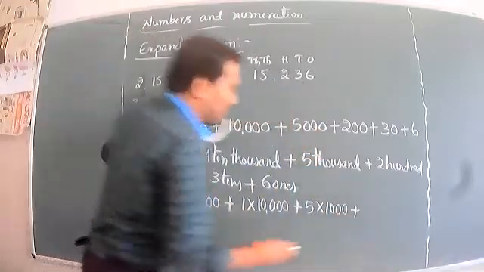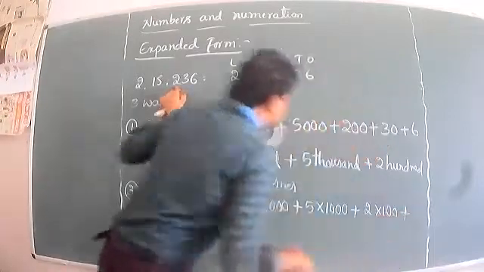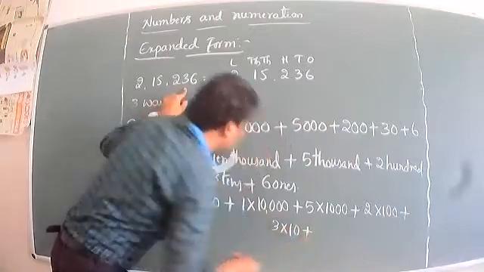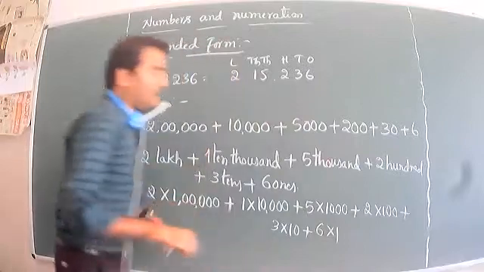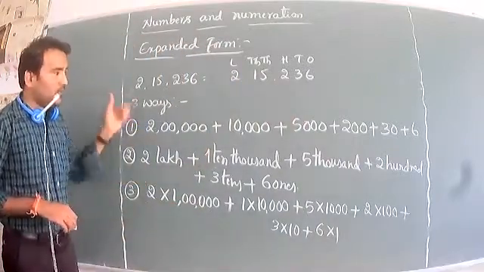Next, 2 into 100, multiply the places. 3 into 10, and then 6 into 1. These are multiplying the place values.